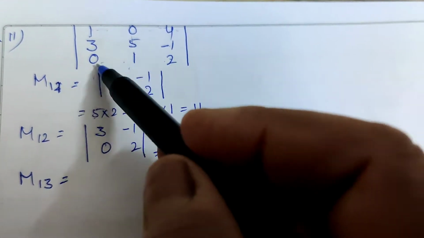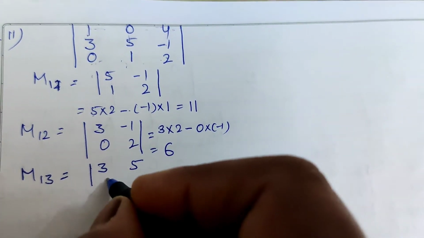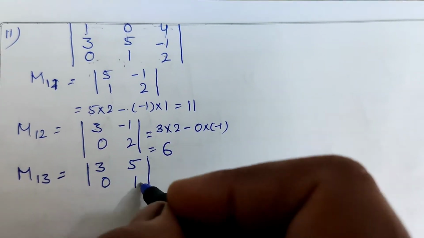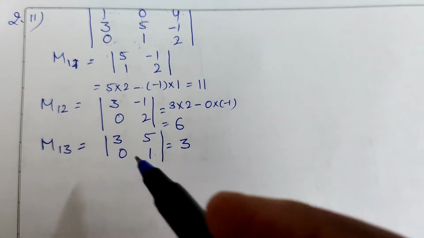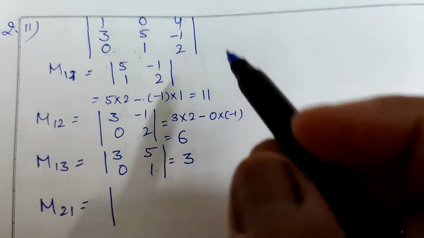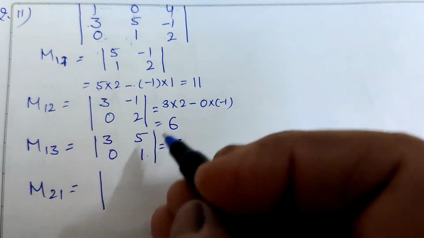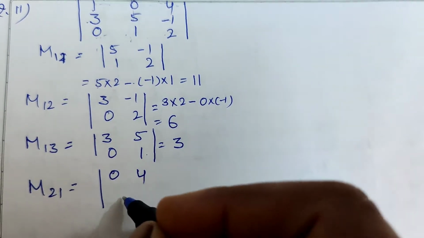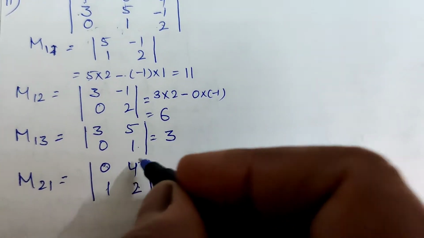It is 0 5, 4 minus 1. Okay. Now M21. Second row, first column. 3 0, minus 1 2. It is 3 into 2 minus 0 into minus 1, which is 6.